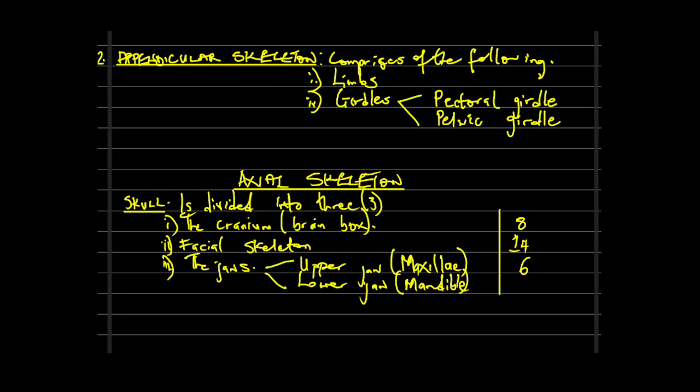Let us try and see what happens in the vertebral column. That is the second part of the axial skeleton that we'll be talking about now. So what makes up the vertebral column? The vertebral column is a part of the axial skeleton that has a collection of bones called vertebrae.